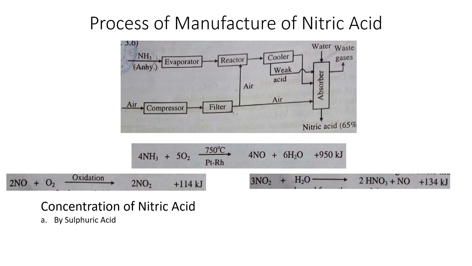So when this nitric acid trickles down, it will come in contact with the sulfuric acid coming down. As you know, sulfuric acid is a dehydrating agent, so immediately it absorbs the water, making the nitric acid more and more concentrated. The vapors leaving the tower are 90% nitric acid.